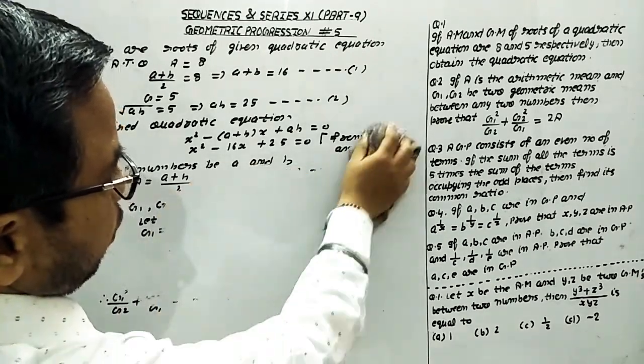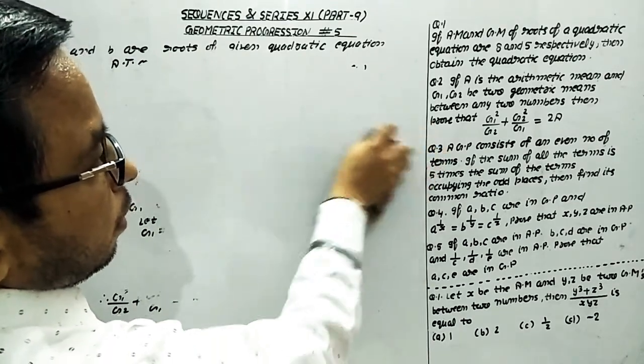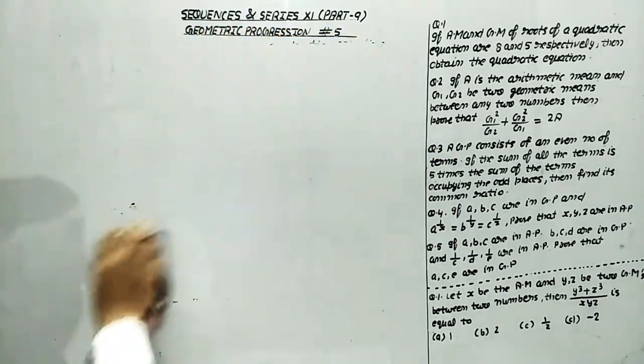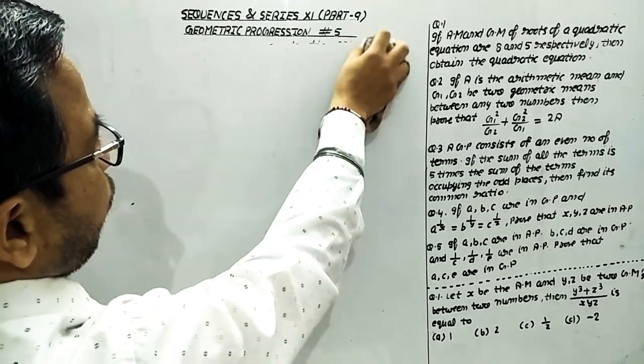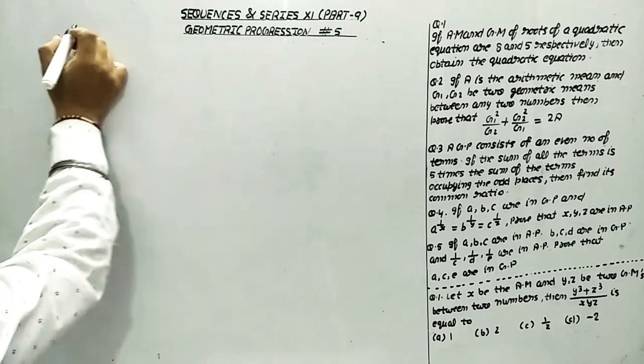In question number 3, they are saying a GP consists of an even number of terms, and if the sum of all the terms is 5 times the sum of the terms occupying the odd places, then find its common ratio.